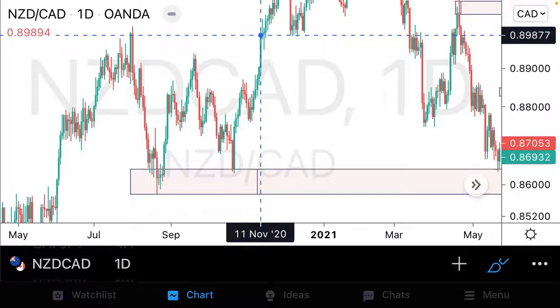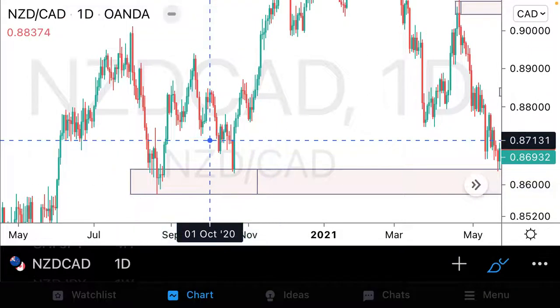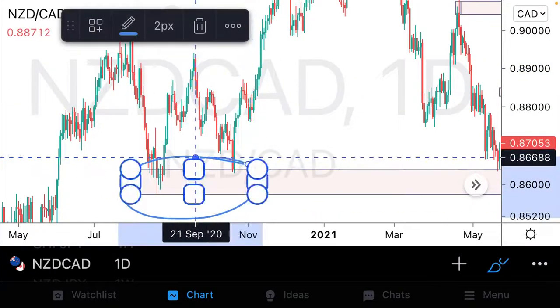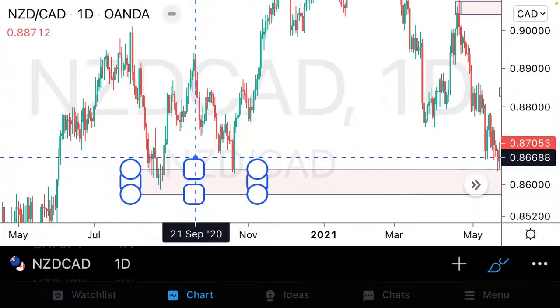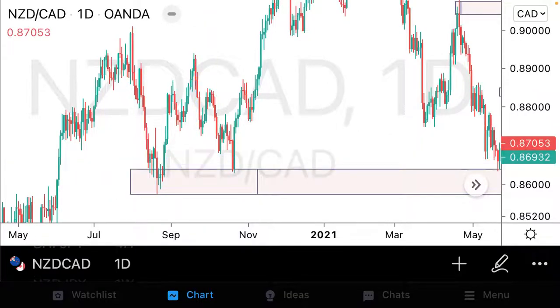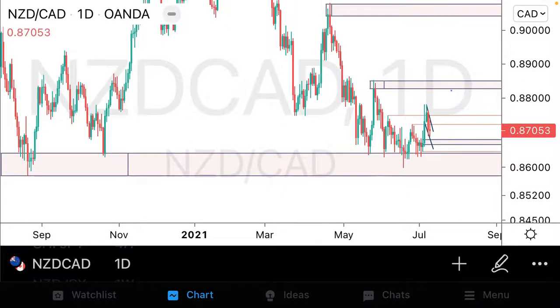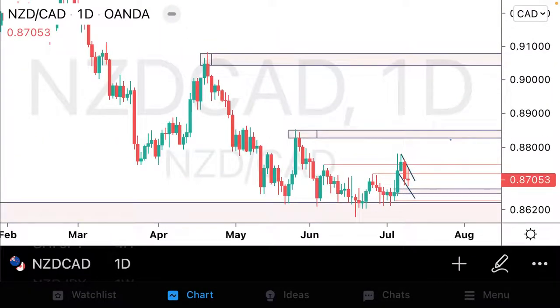Now, what we're trying to point out by mentioning all of that is that this area is a buy sensitive area where buyers have shown a reaction previously after prices came into these areas. Now that we have that information, understanding that we have a buy sensitive area on our higher time frames, let's look at the most recent price action.